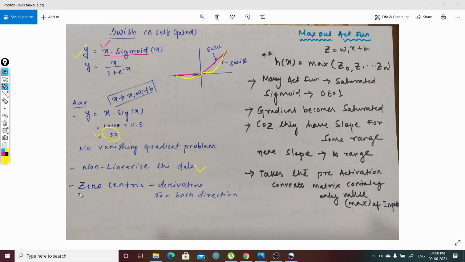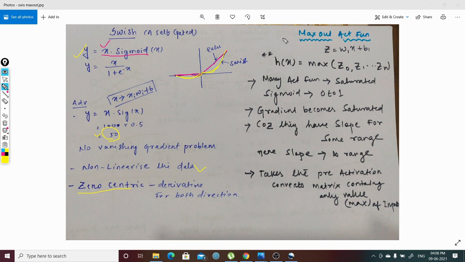And it is also zero-centric. Zero-centric means it gives the derivative in both directions, so it is helpful for weight optimization while doing gradient descent. Okay, so this is all about Swish.